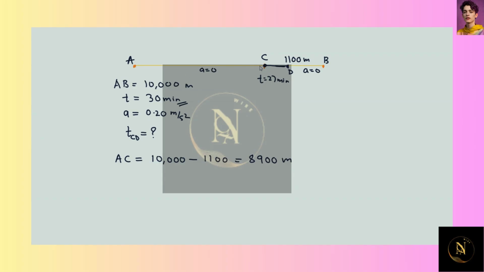So this much path the runner travels with a constant speed. What is that constant speed? It is given that he runs for 27 minutes with this constant speed, so I can find his speed. Let's say it is V naught.